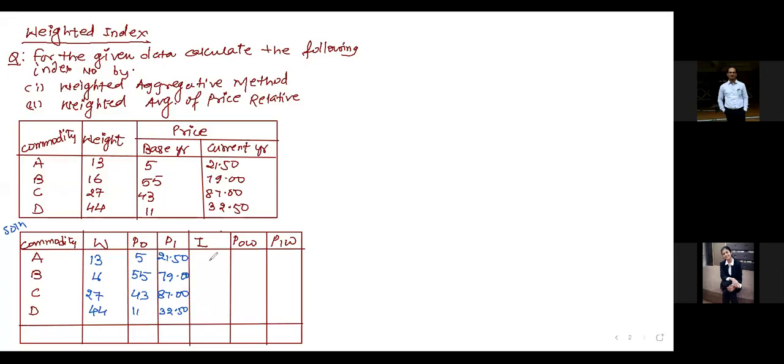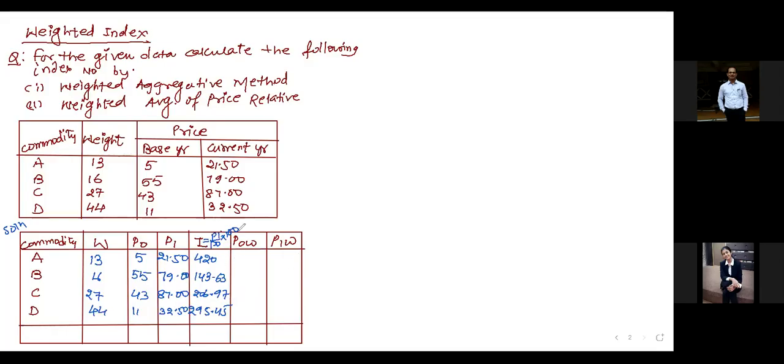When I'm calculating the relative index I, in the previous question we saw I is equal to P1 upon P0 into 100. So it's 21.50 upon 5 into 100, that gives me the value as 420. Similarly, the other values are 143.63, 206.97, 295.45.